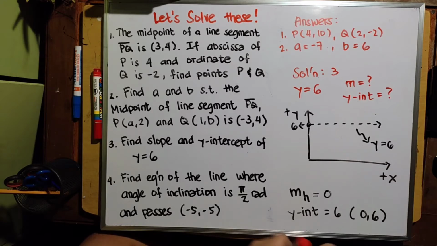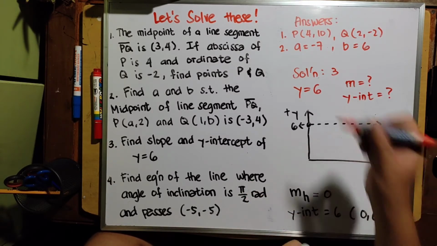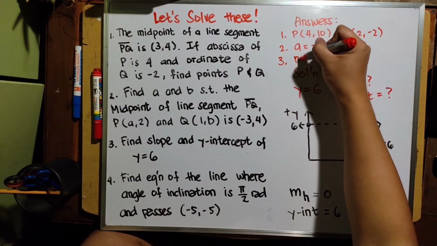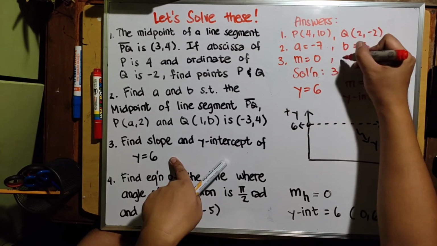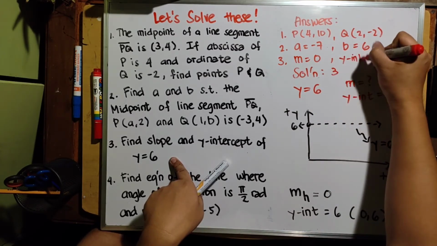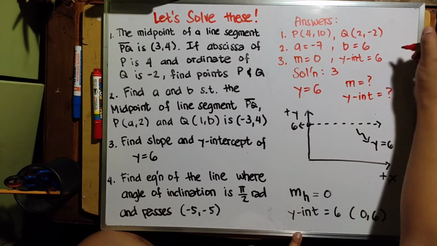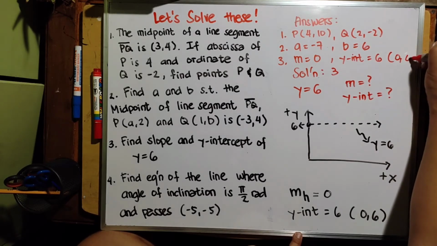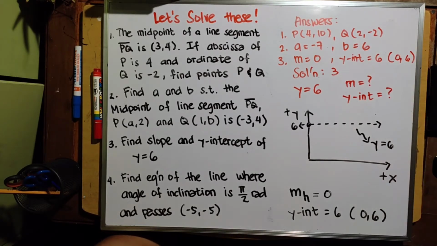Okay. So the answer for number 3 is m is 0, y-intercept 6, or (0, 6). Pili ka lang dyan sa dalawa.